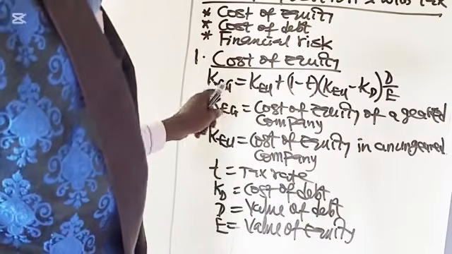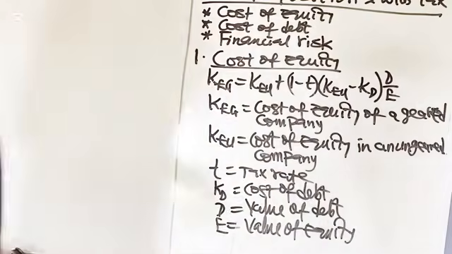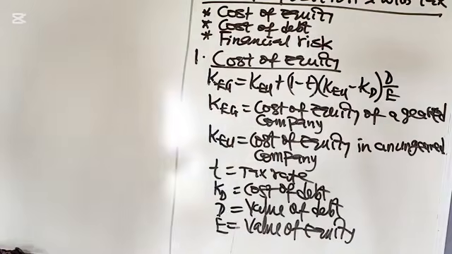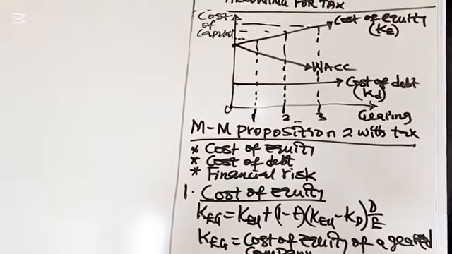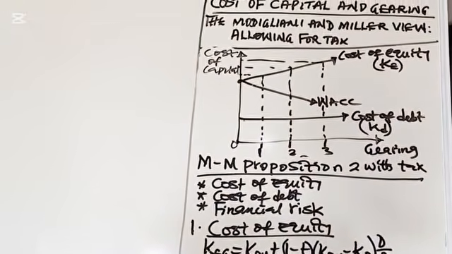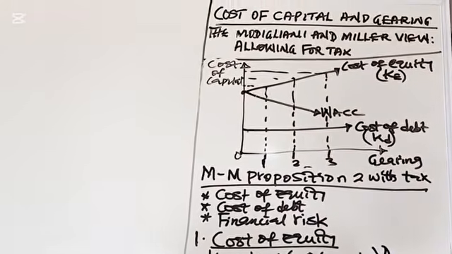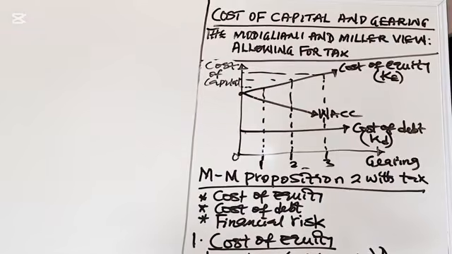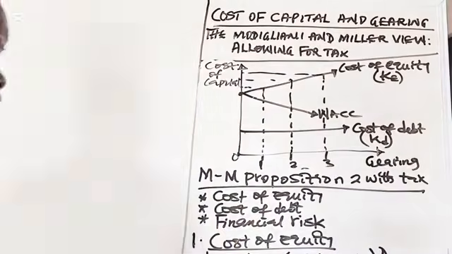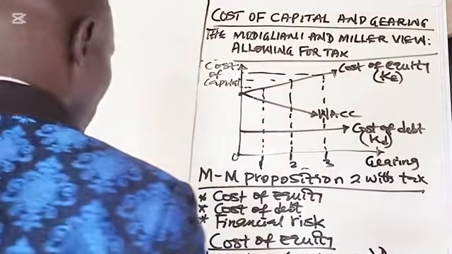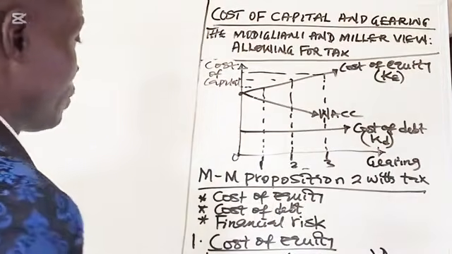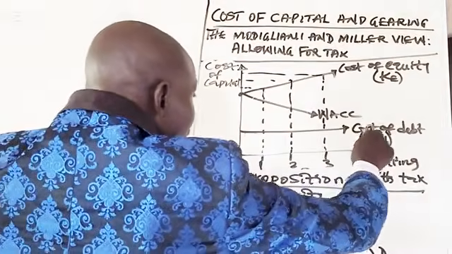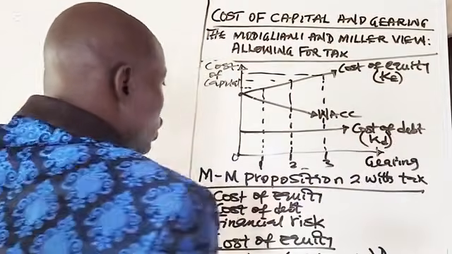So now, back to the same diagram. Remember, I've told you that Proposition 2 focuses on 3 major things. Number 1 is cost of equity. The second one is cost of debt. And the third one is financial risk. So what does M&M Proposition 2 say about the cost of debt? This is the cost of debt line. It is horizontal.